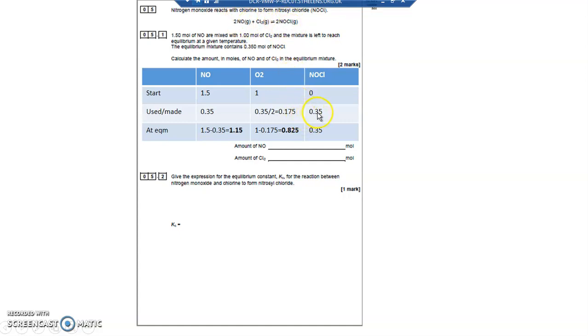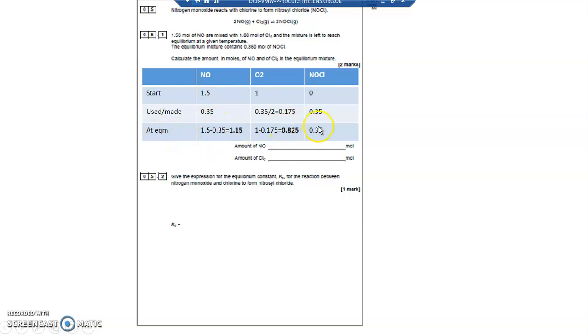So if 0.35 moles of NOCl are made, then 0.35 moles of NO are used up. How much Cl2 is used up? Well, 2 moles of NO react with 1 mole of Cl2, 2 to 1, so 0.35 divided by 2, 0.175 moles of Cl2 have been used up.